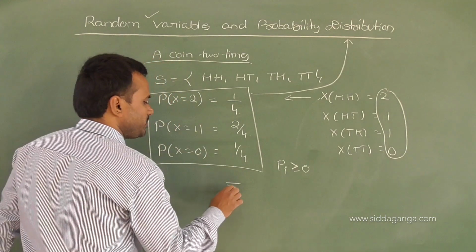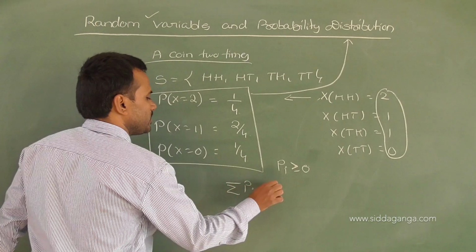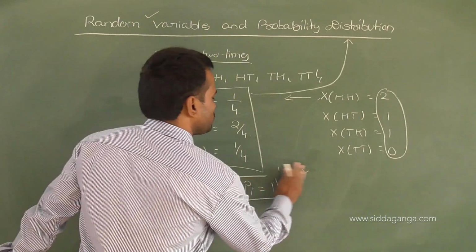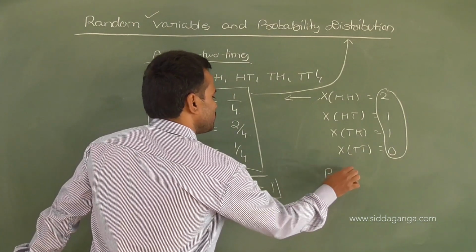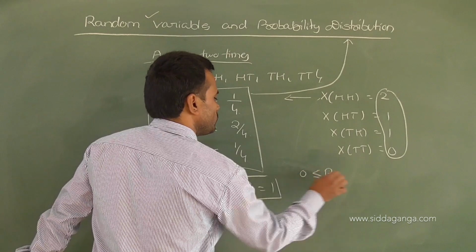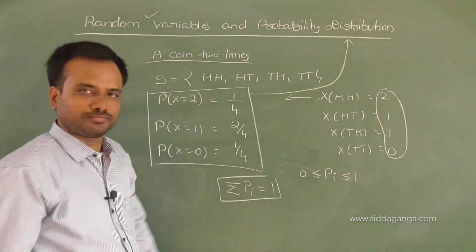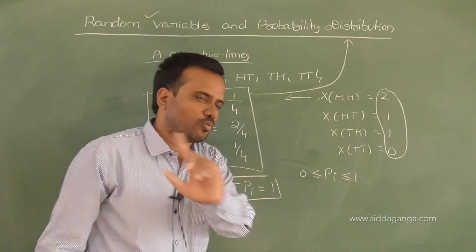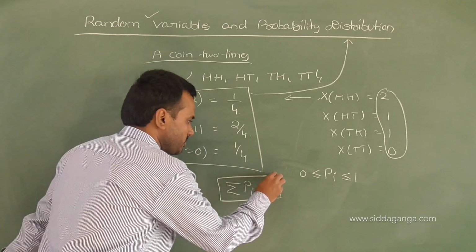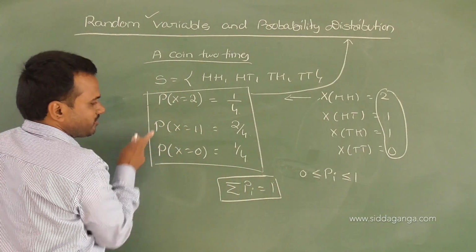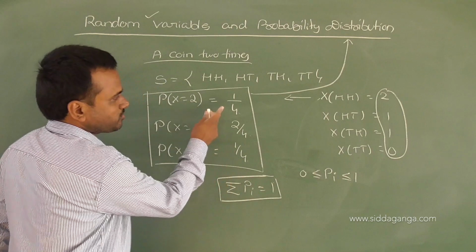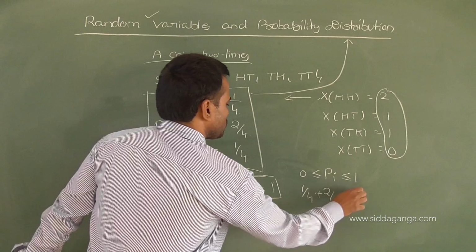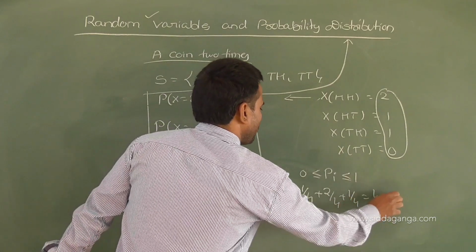And the sum of Pi is always 1. Combining, all probability values lie between 0 and 1. And if you add all the probability values, it is always equal to 1. See, observe here, 1 by 4 plus 2 by 4 plus 1 by 4, the answer is 4 by 4.